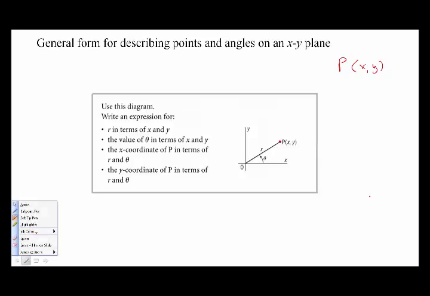So, given that that is our point P at x comma y, I'm going to drop a line down, and I'll do it in a color here. Let's do it in orange, because today is like an orangey kind of day. And that line is now 90 degrees. I dropped a perpendicular straight down. How long is that line?